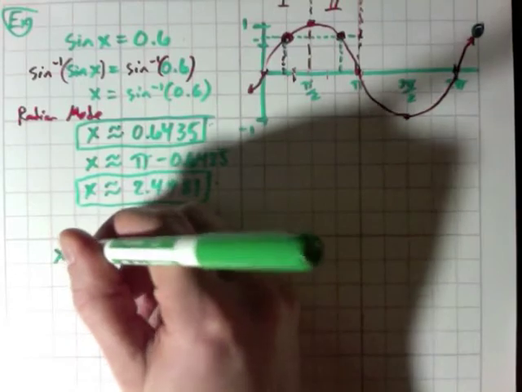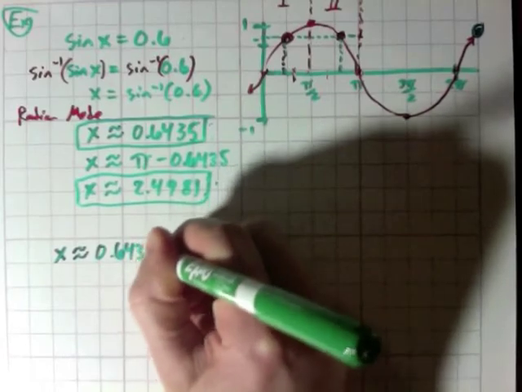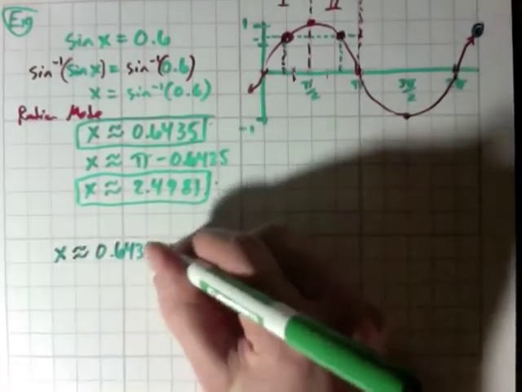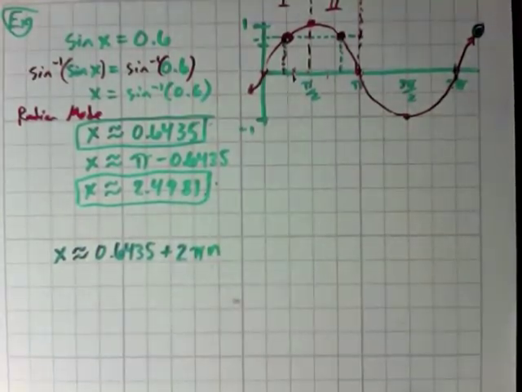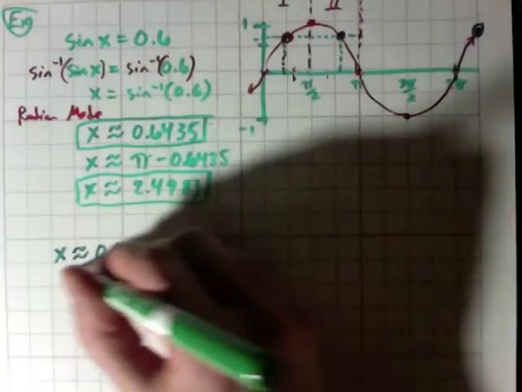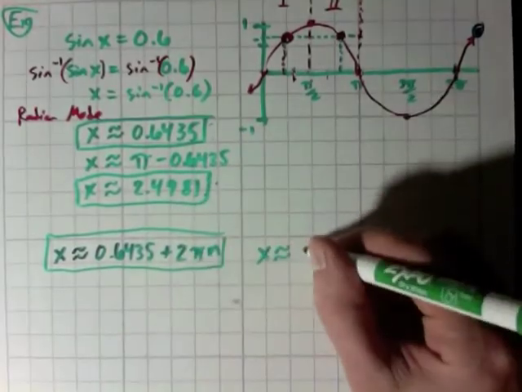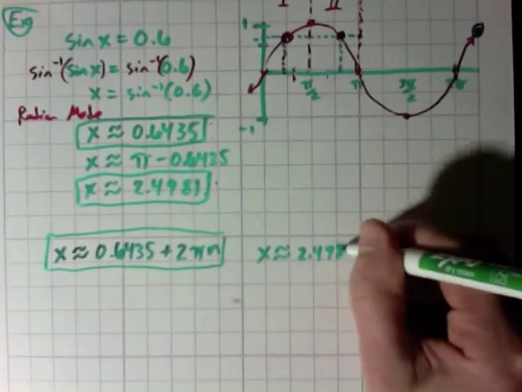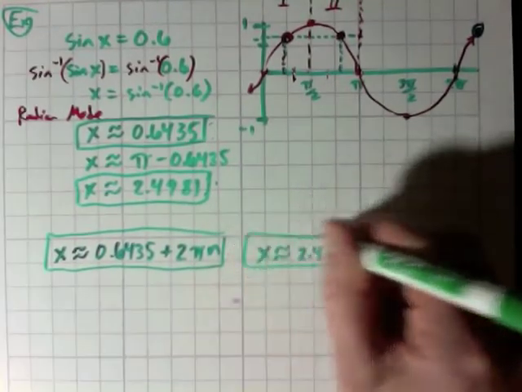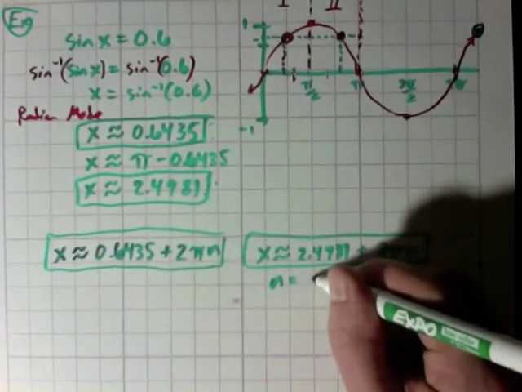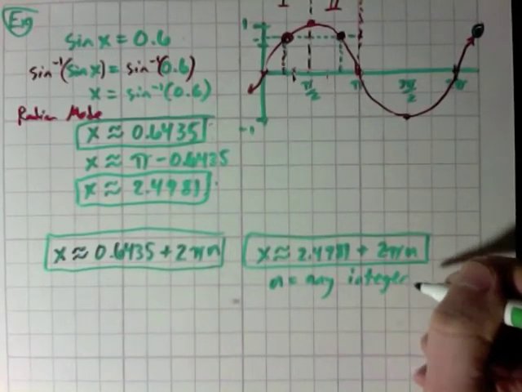So all solutions to this would be x is about 0.6435, and that once again is measured in radians, and I could find any other solution by adding 2 pi n that would represent the coterminal angles of this angle here, and the other solutions would be the 2.4981 and add 2 pi n to find the coterminal angles there. And once again, n is any integer, right? So positive, negative, no fractions.